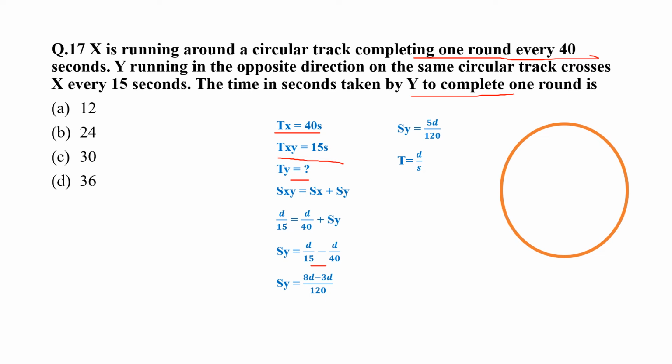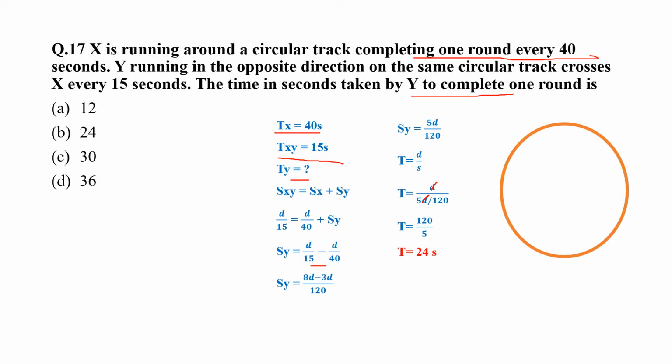Then, since time is D upon S, T is equal to D upon (5D upon 120). So T is equal to 120 upon 5, because D and D cancel out.